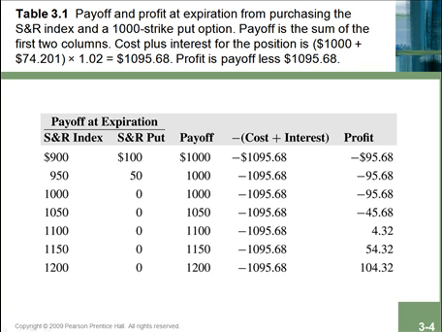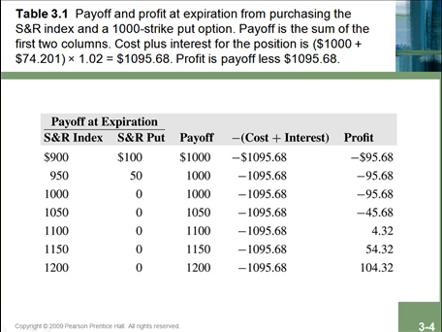It expires 6 months from today, and the effective interest rate over that 6-month time period is 2%, just like it was for the examples in the previous chapter. Well, what you've done effectively is bought insurance against the possibility that the S&R index might fall below $1,000.